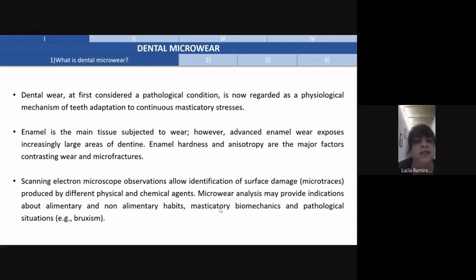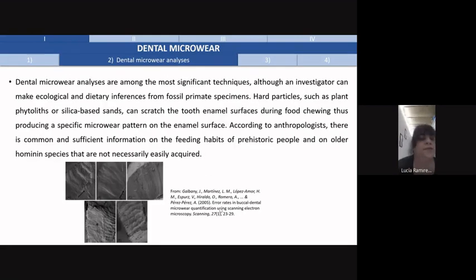The most important tissue is the enamel, which allows us to know about the microtraces and microfractures that masticatory stress produces. We study and analyze it by scanning electron microscope, which can provide information about alimentary and non-alimentary habits.